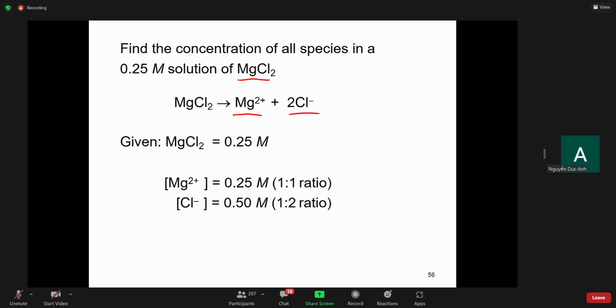So if we start with 0.25 mole per liter of magnesium chloride, the concentration of magnesium 2 plus is in the ratio of 1:2. So you see the concentration of magnesium 2 plus will be the same as the concentration of magnesium chloride at the given point, and the concentration of chloride becomes 2 times that value.